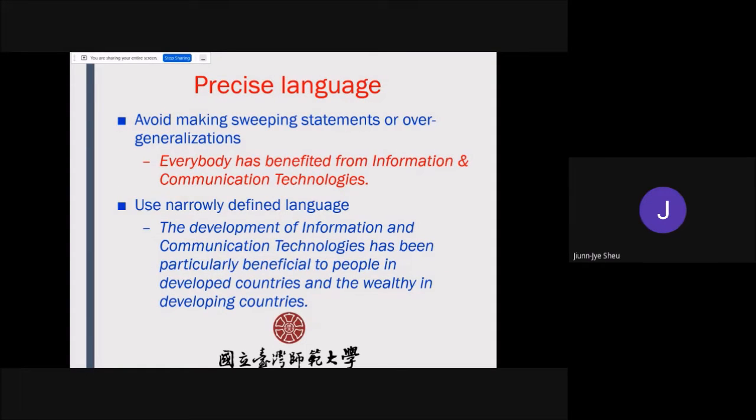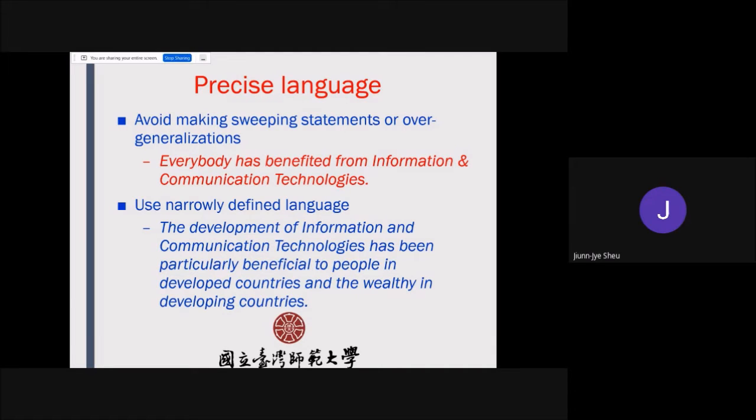And try to use precise language, as short as possible, and use narrowly defined language, such as this example: the development of information and communication technologies has been particularly beneficial to people in developed countries and the wealthy in developing countries.